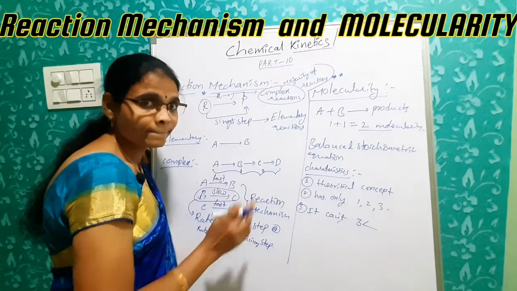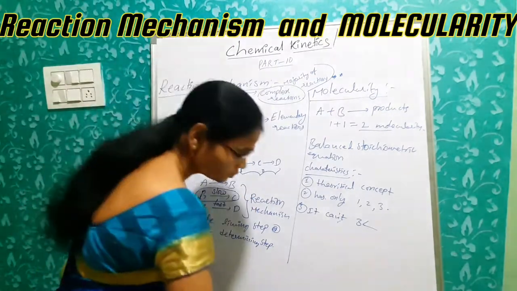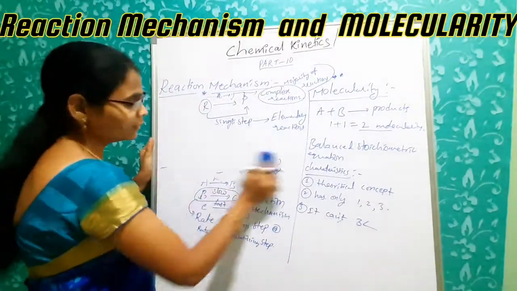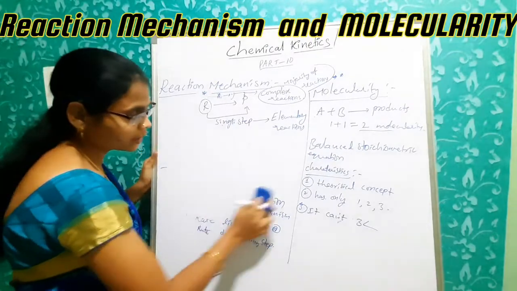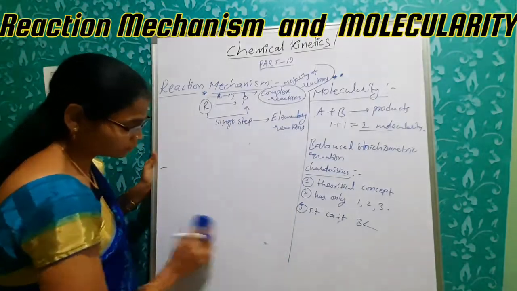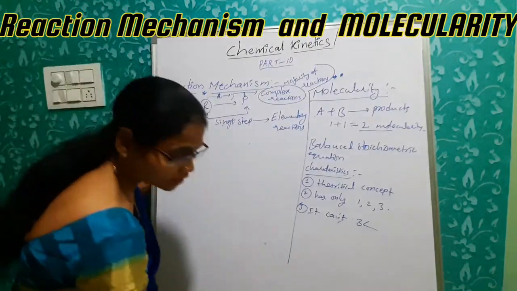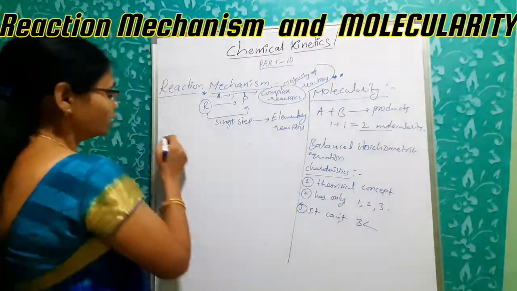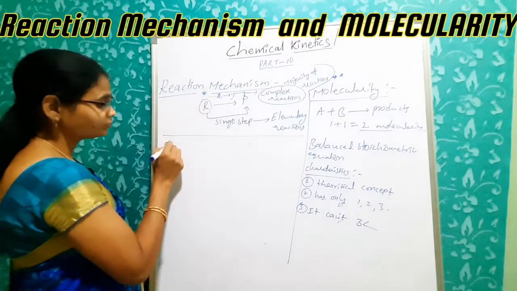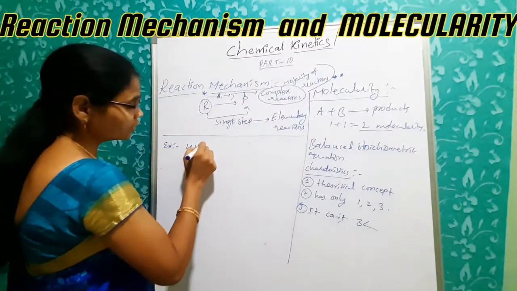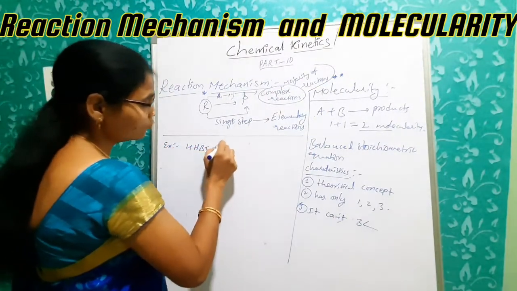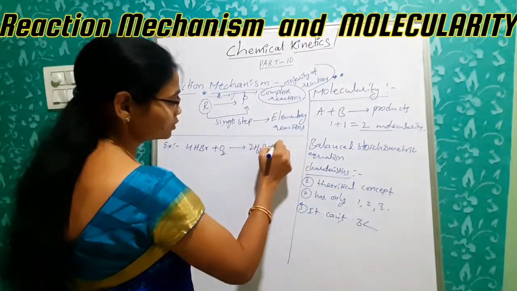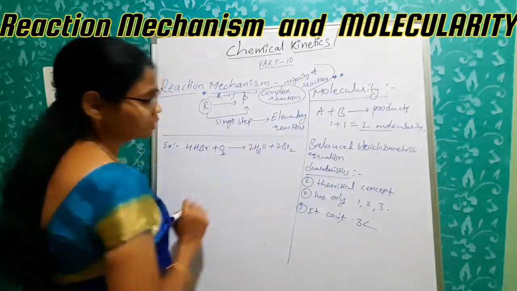Okay. See here. Suppose for some reaction the molecularity seems to be more than 3. Such types of reactions involve 2 or more steps. I will show you with one example: 4 moles of HBr and 1 mole of O2 give rise to 2 moles of H2O plus 2 moles of Br2.